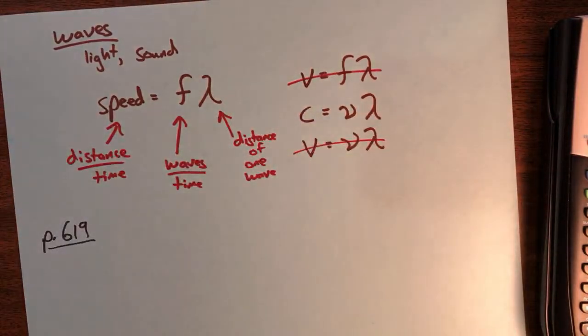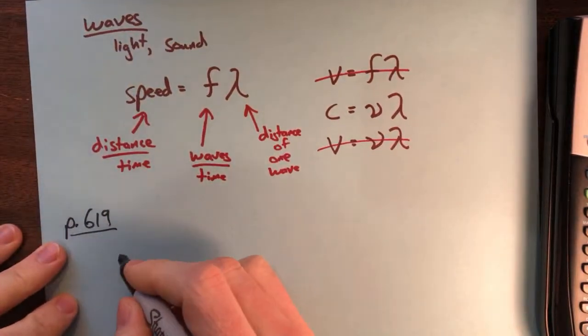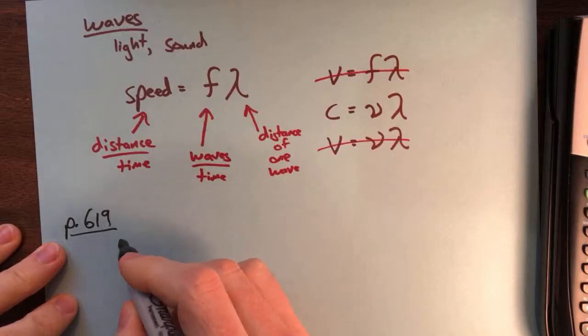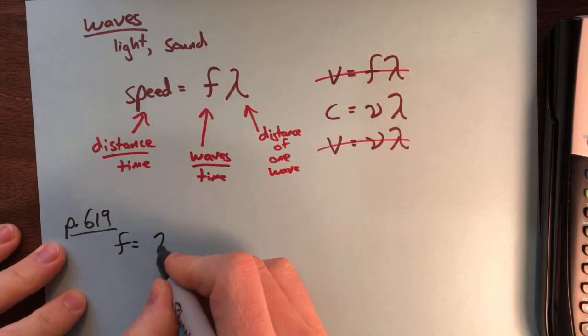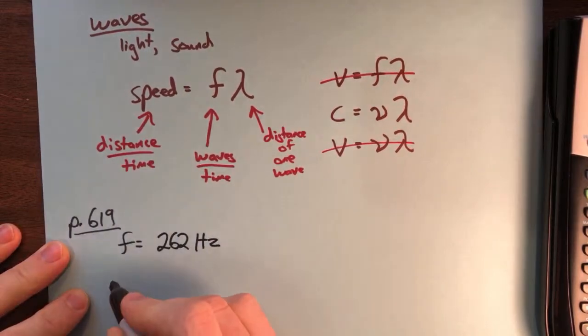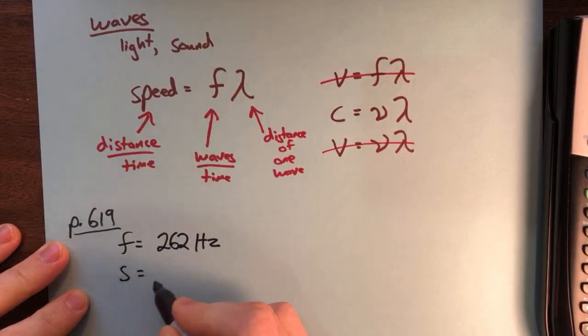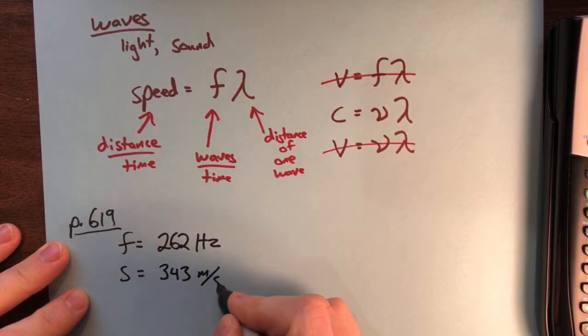Okay, so we have this equation where we say, let's first identify things here in the problem. So middle C, we have a frequency of 262 hertz, and we have a speed, because we know it's going through air, of 343 meters per second.